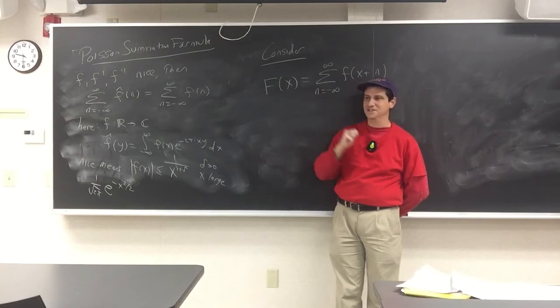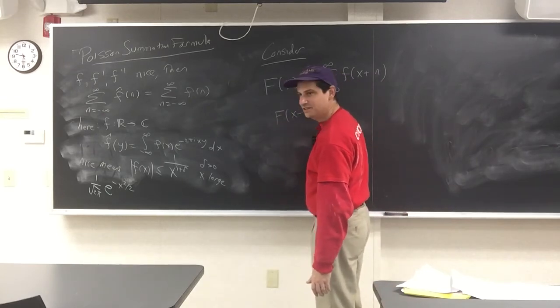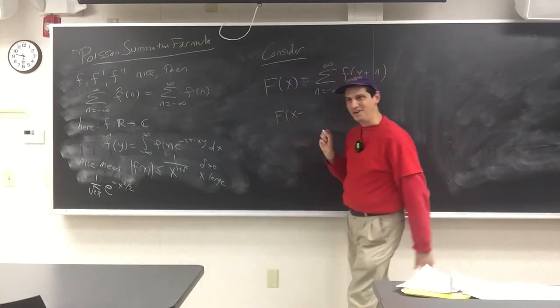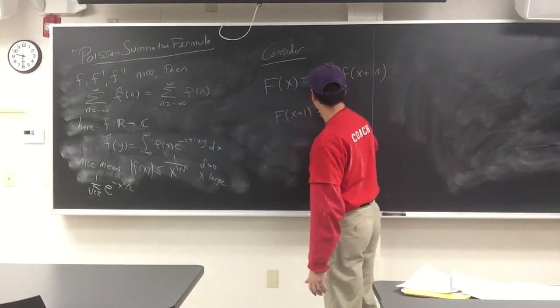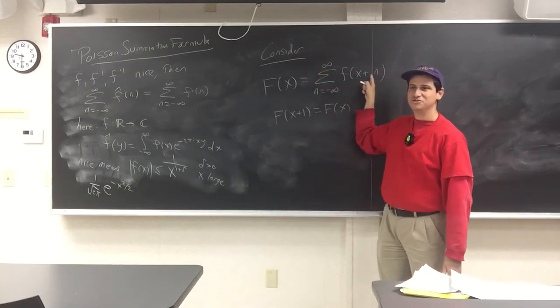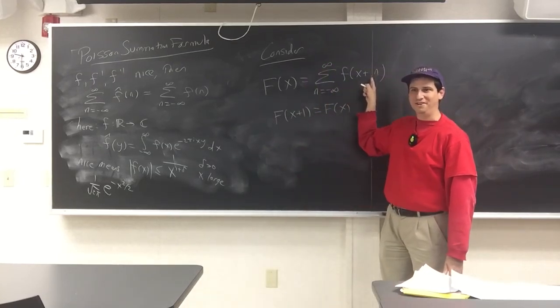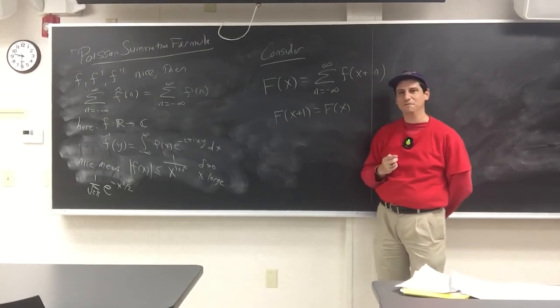What kind of function is this? Periodic. What's the period of this function? It's 1. We're summing over m, so m is gone. F of x plus 1 is F of x, because if you replace x with x plus 1, then just let m equal n plus 1. As n ranges from minus infinity to infinity, so does n plus 1.